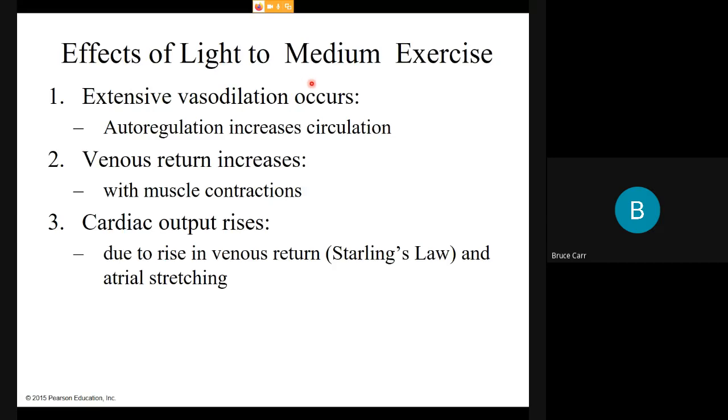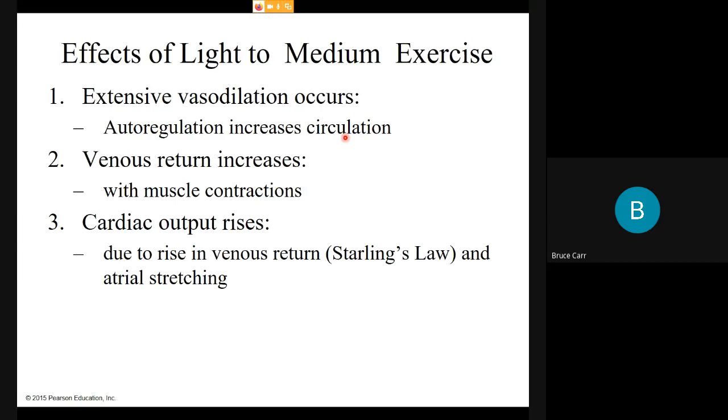The first thing that happens is the body can easily dilate the blood vessels and lower the blood pressure. Now, that produces a cascade of effects and autoregulation within the heart, and that immediately increases the cardiac output to match the level of exercise.